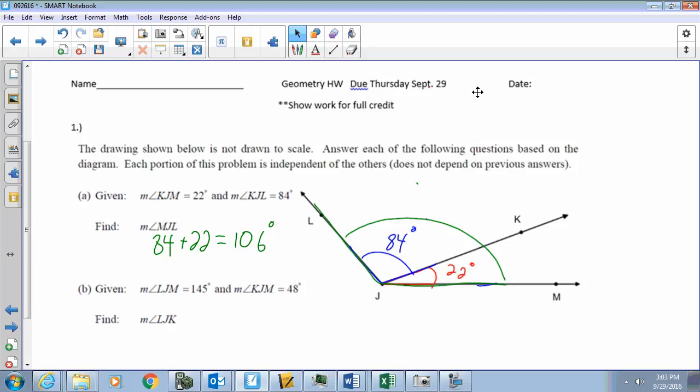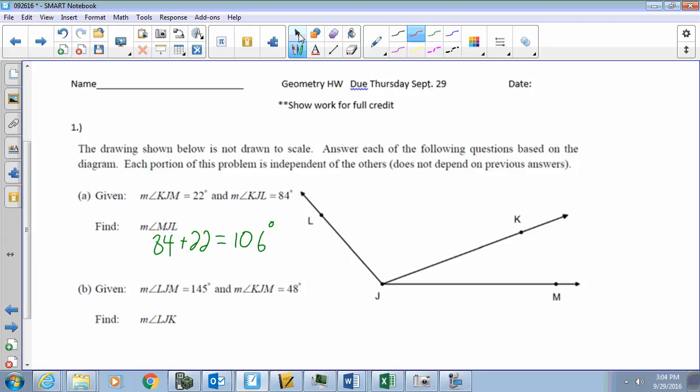Now, for part B, I want you to use the same diagram, but let's just say you were given different information. Okay? You're given different information. So let's just say you had this information that's on B. So let's just say you had LJM.